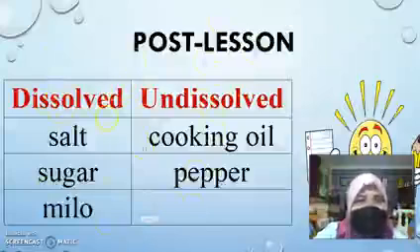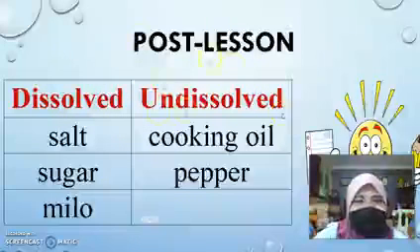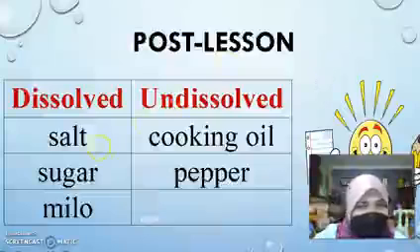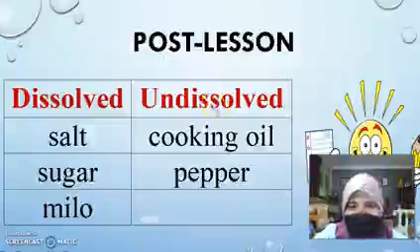Let's say people in the salt station. After you pour the salt into the water and stir, if you find it disappears, it means it dissolved in the water. So you write salt, dissolve. In the dissolve column, this is where you categorize the materials, whether they are dissolved or undissolved in water.